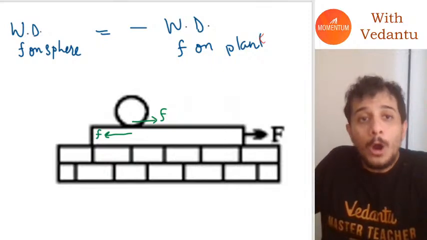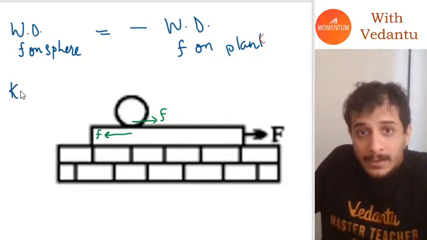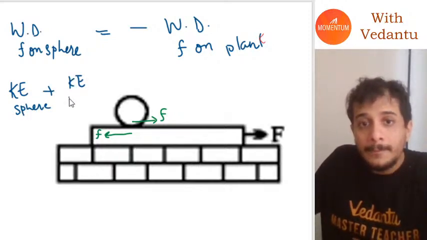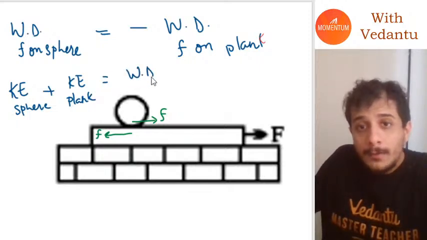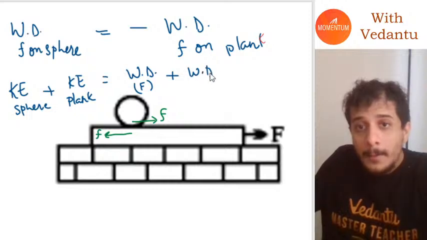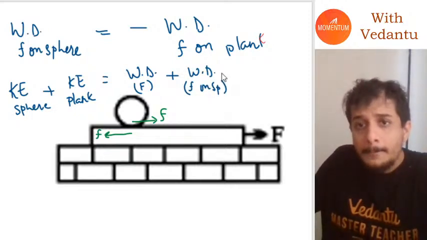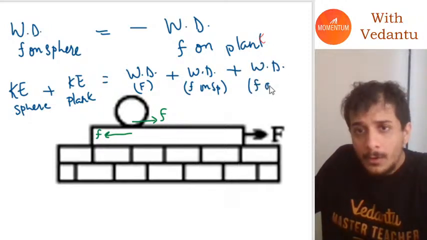So what I can say is here the total kinetic energy of the sphere plus kinetic energy of the plank will be equal to work done by the force F plus work done by the force of friction on sphere plus work done by the frictional force on plank.